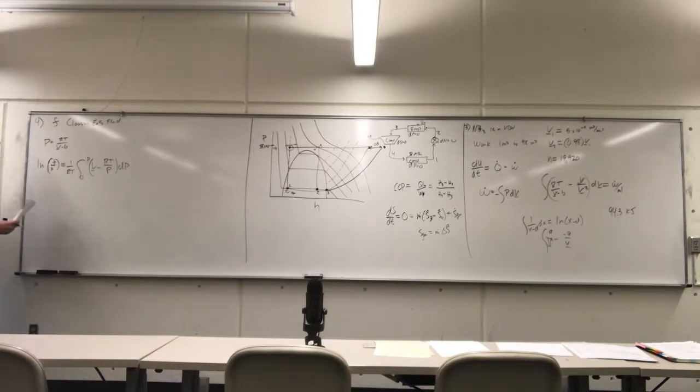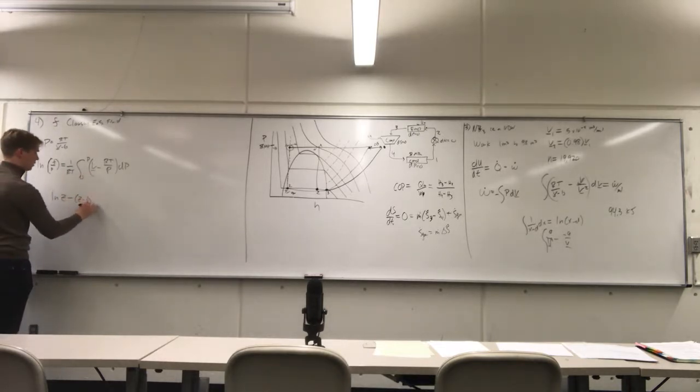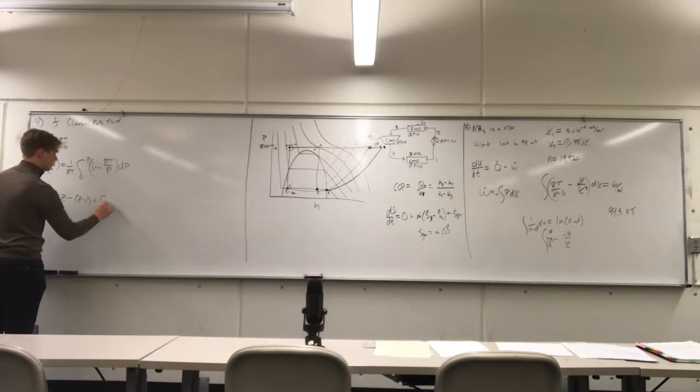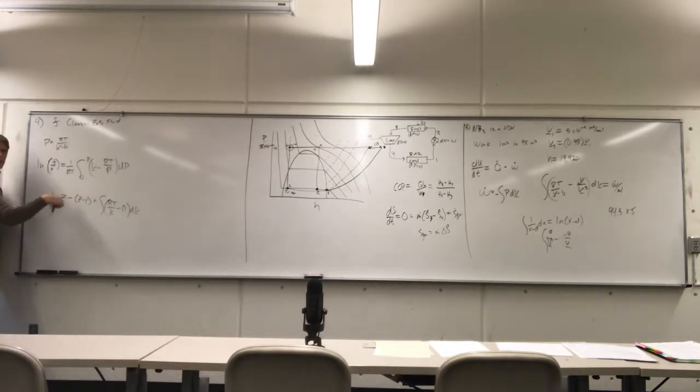So a majority of folks use the ln of z minus 1 plus the integral of, I don't remember off the top of my head, I think it's RT over V minus P dV. I might have plus or minuses messed up here and there. But you could do this one too.